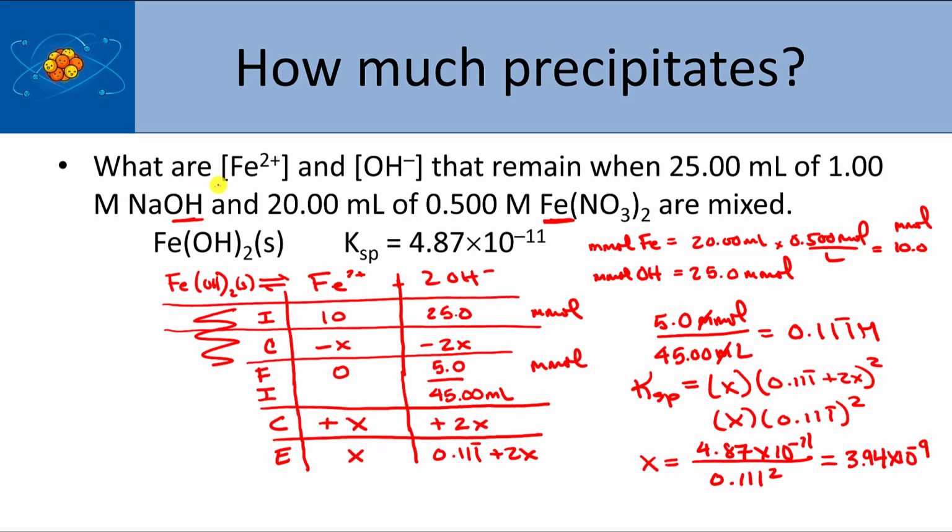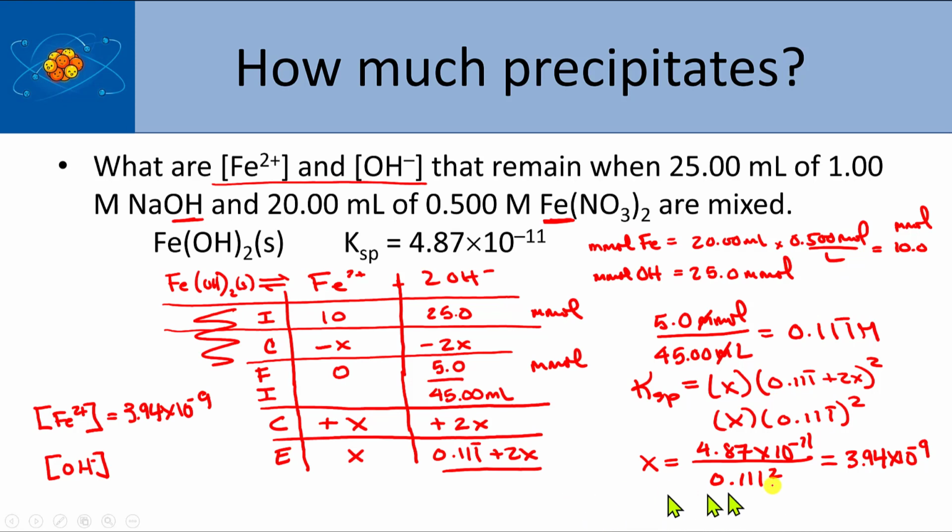Again, it says what are the iron and hydroxide concentrations that remain when this happens. So the concentration of iron is 3.94 times 10 to the minus 9. And the concentration of hydroxide is this number plus 2X. Now remember, we said X was small.